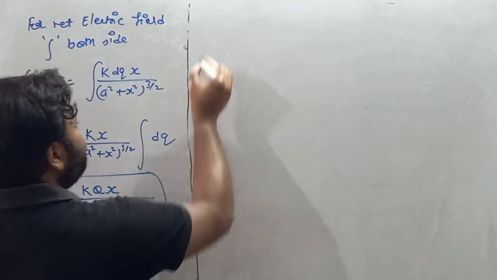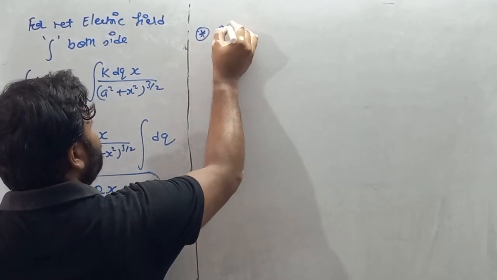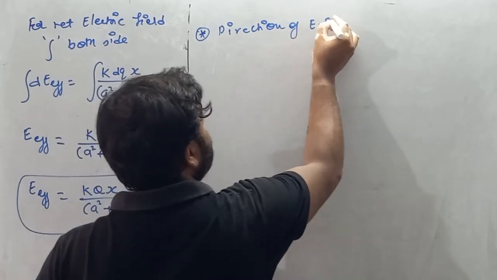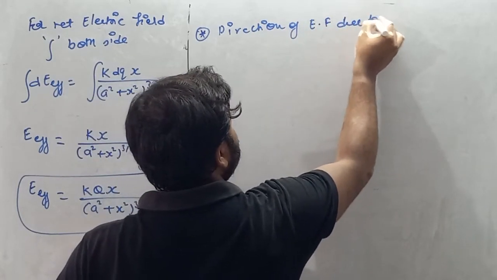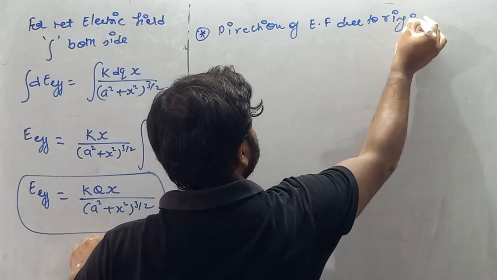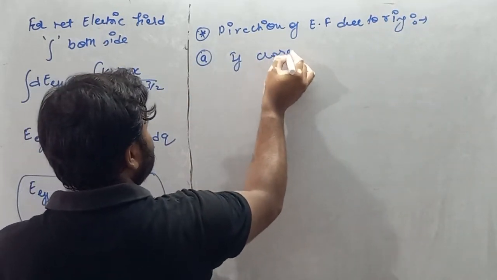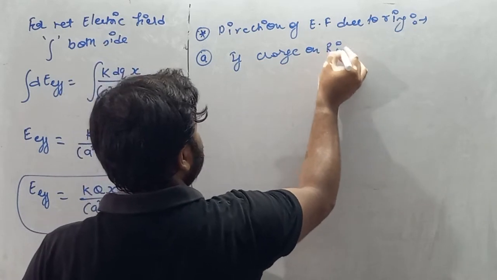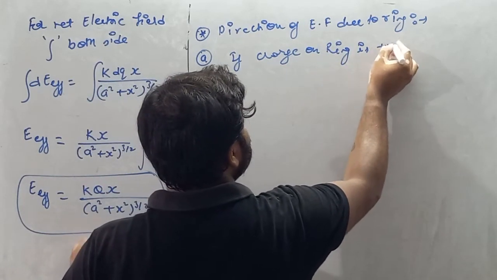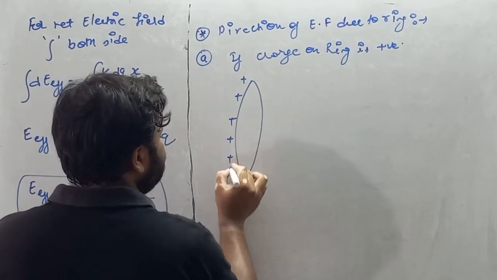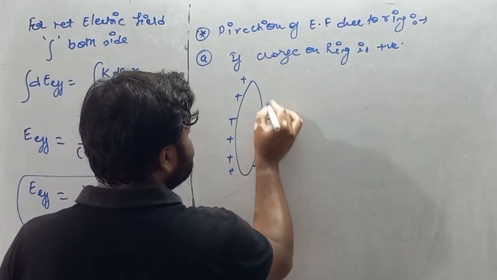Now, if I am talking about the direction of electric field due to the ring. Case first, if the charge on the ring is positive. So this is my ring, beta, and the ring carries positive charge.